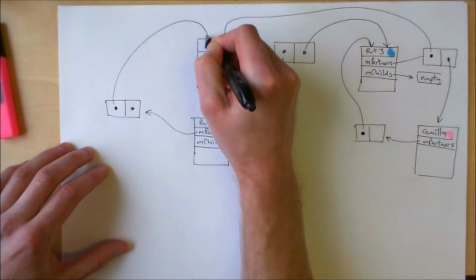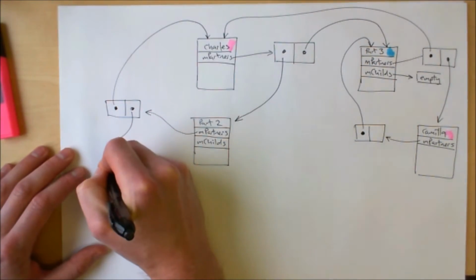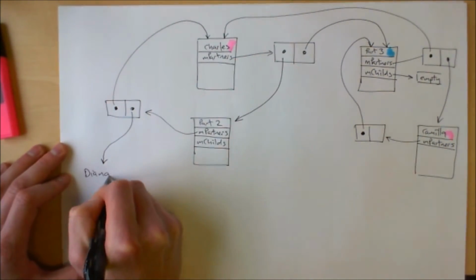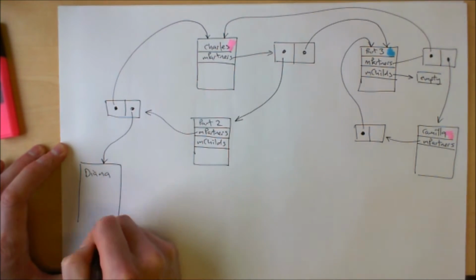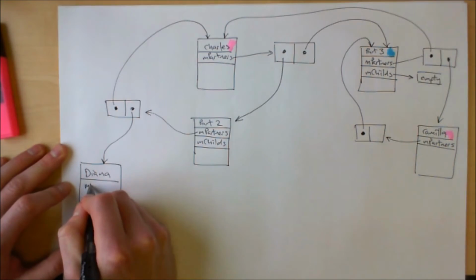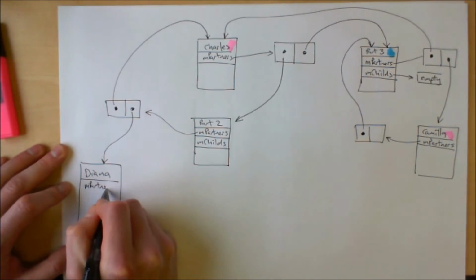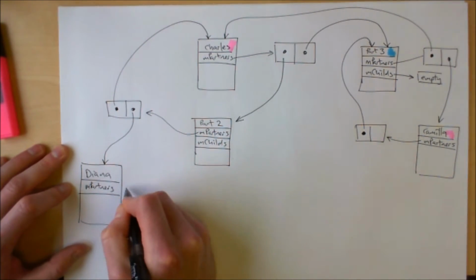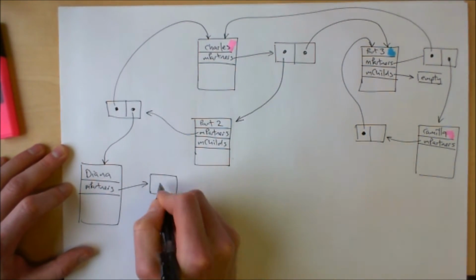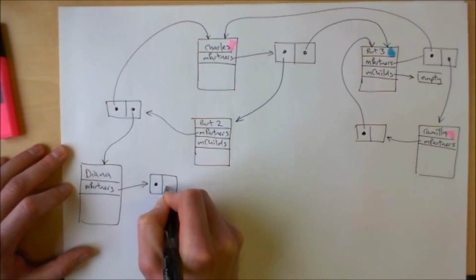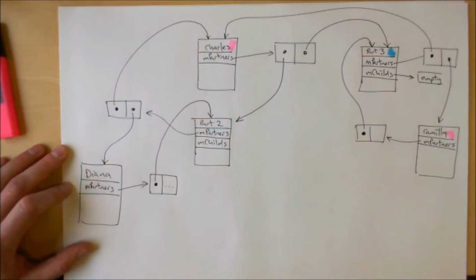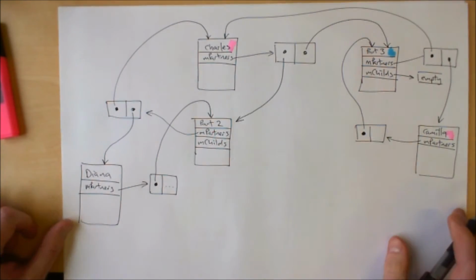One of them is Charles and the other one is Diana. Still on the page here, yep. So Diana has her partners array, which has one item in it, which links back to that partnership with Charles.